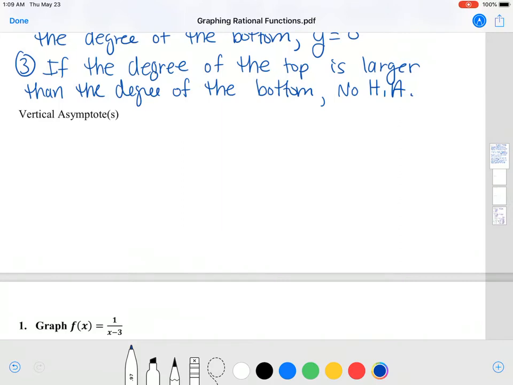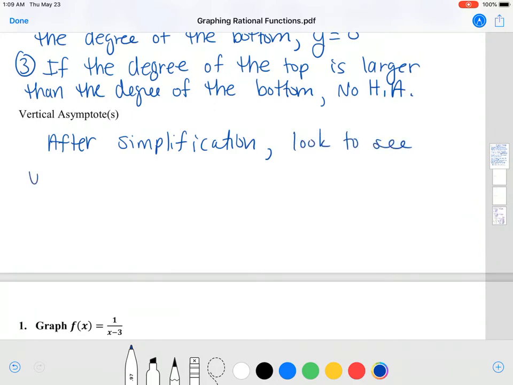So for vertical asymptotes, all you're going to do, after simplification, is look to see what makes the denominator 0.